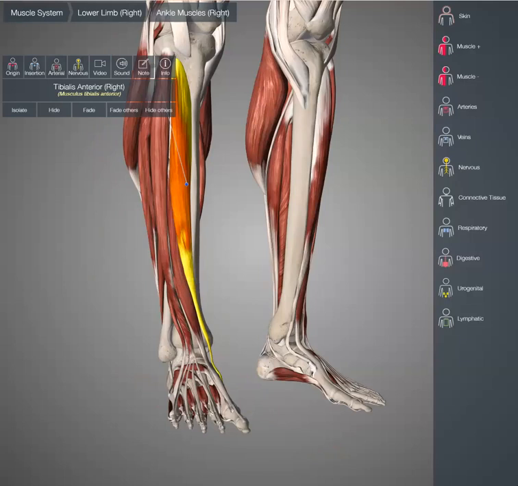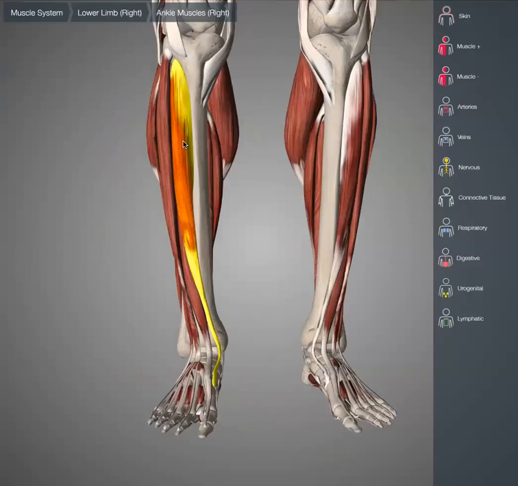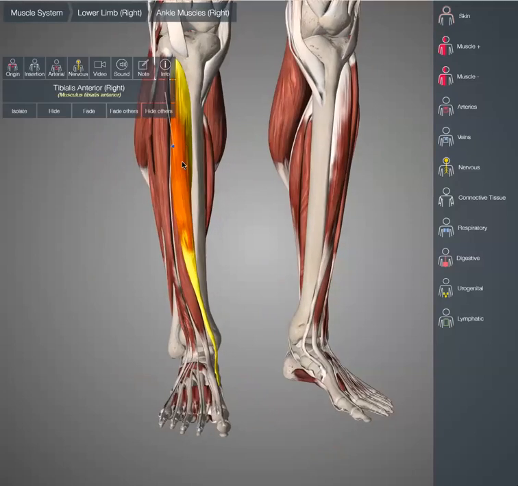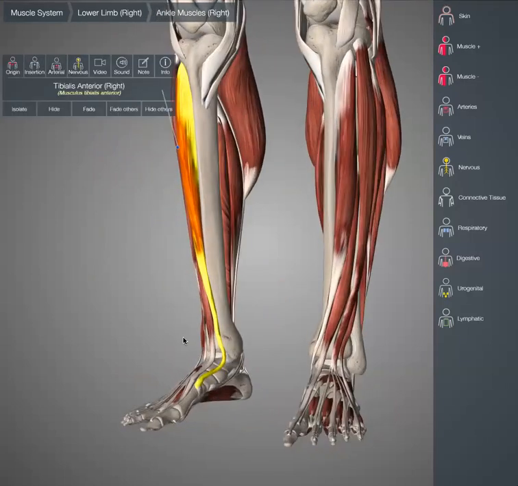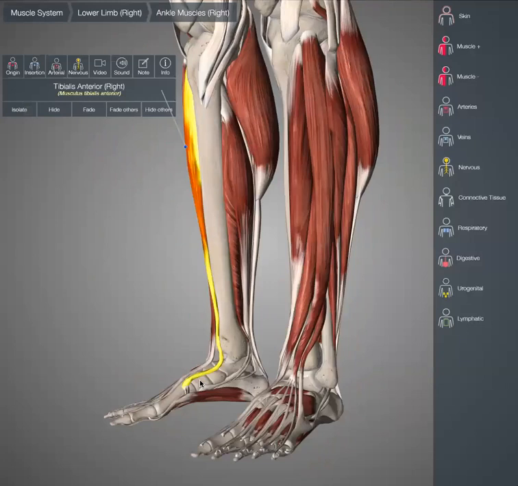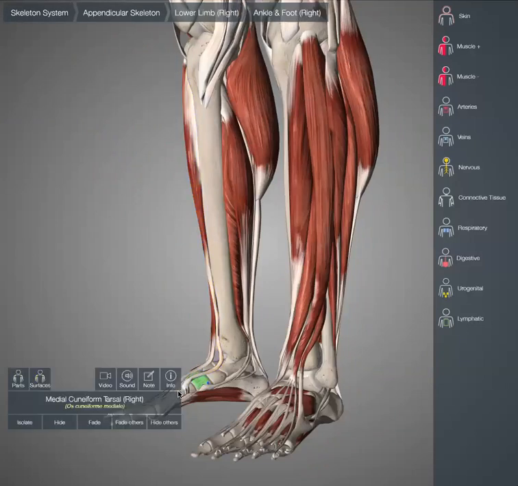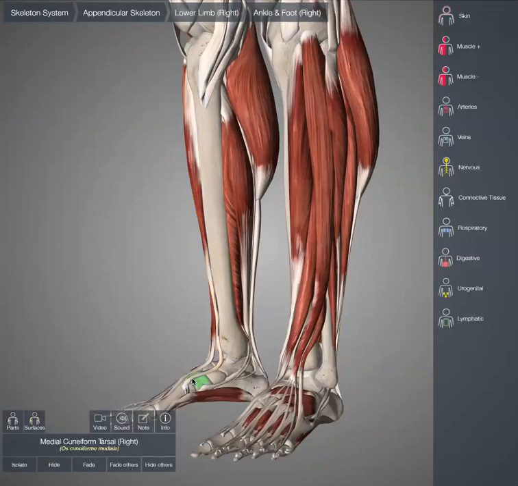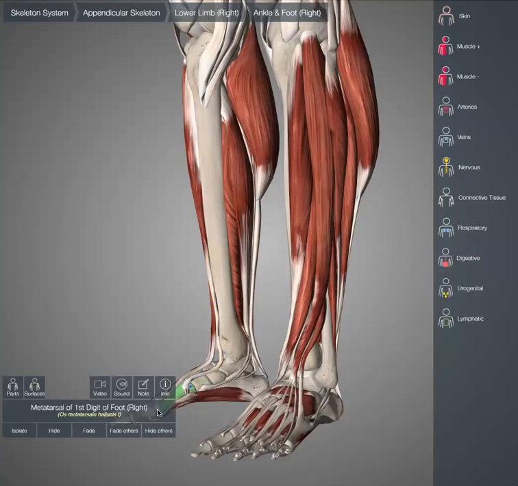The tibialis anterior is located alongside the lateral surface of the tibia. You can see here the lateral surface of the tibia, and it attaches to the medial cuneiform right here, and the base of the metatarsal 1.